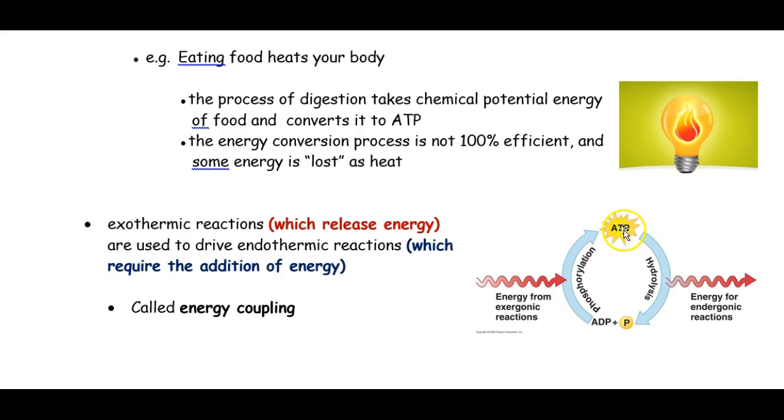That ATP is then going to be used to power the reactions that need energy, right? And that's going to give us our ADP back, and so the cycle continues on and on. That phenomenon is known as energy coupling. And so without those exothermic reactions, we wouldn't be able to power the endothermic ones.